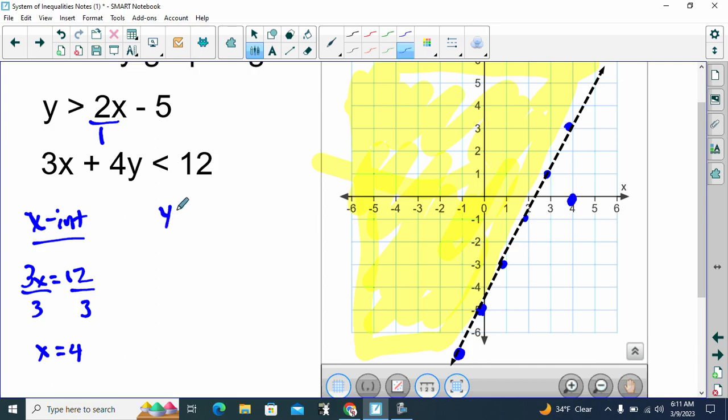We do the same thing for the y-intercept, except now we are plugging in 0 for the x. 0 here gives me positive 4y equals 12. Solve for y. My y-intercept is 3.